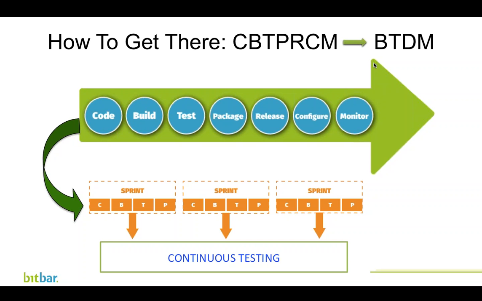You still have code, you still have build, you still have testing, and you have the packaging, which means the deployment on a certain target, getting that tested and verified on the real environment. That basically means when you include all these steps in your sprints, it means continuous testing. And you can continuously, by every release, even on a daily basis, test and test and test what actually was regressed with the recent build.